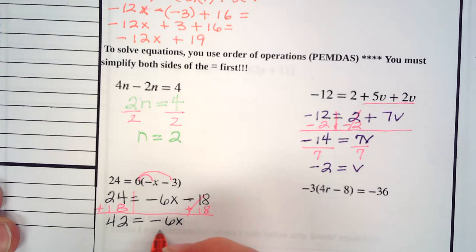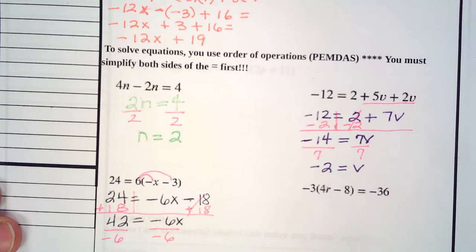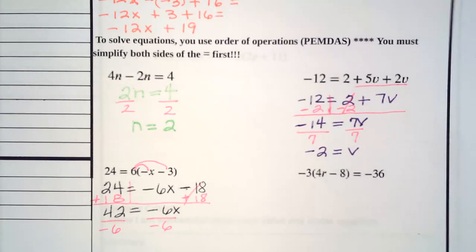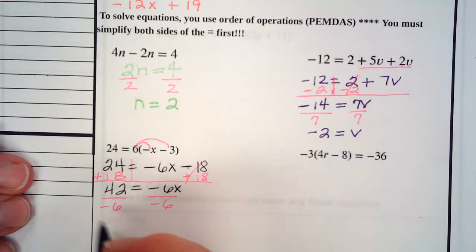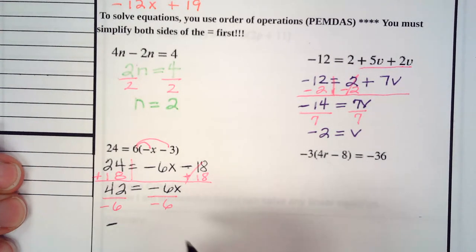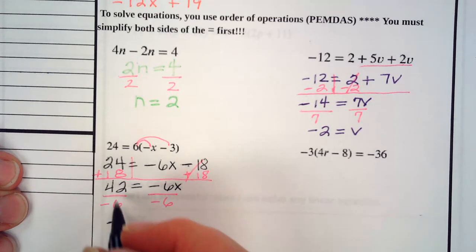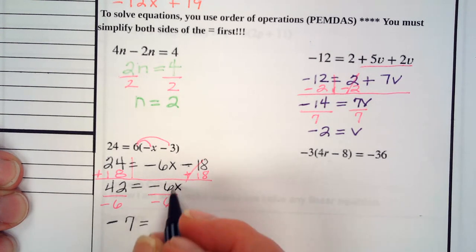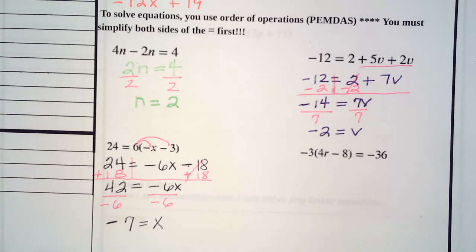Now, divide by negative 6. A positive number divided by a negative number is a negative number. When you divide and they're opposite signs, you will have a negative number. 42 divided by 6 is 7. 7 is equal to x, and we're done.